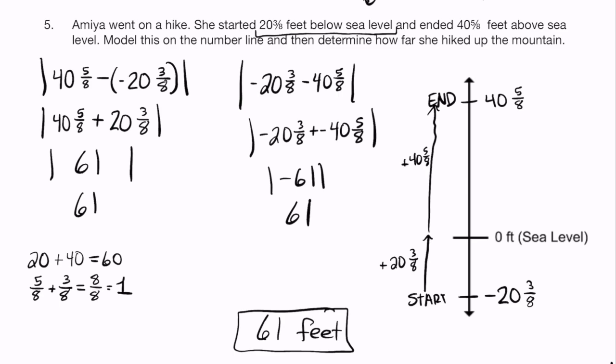So in total, we go the 20 3/8 feet plus the 40 5/8 feet, which is 61. So that's really what we did here. At this step, you have to add the distances from 0, the absolute value of the distances.